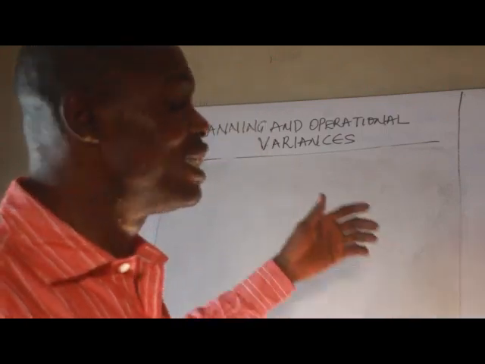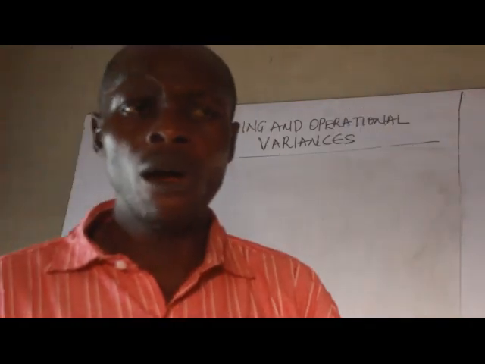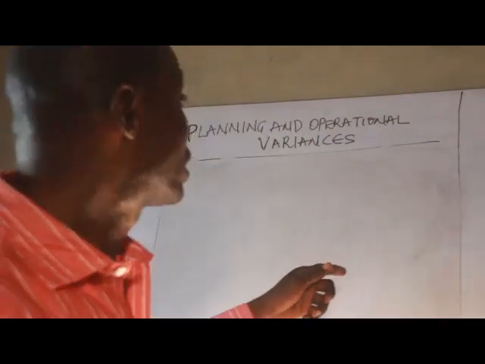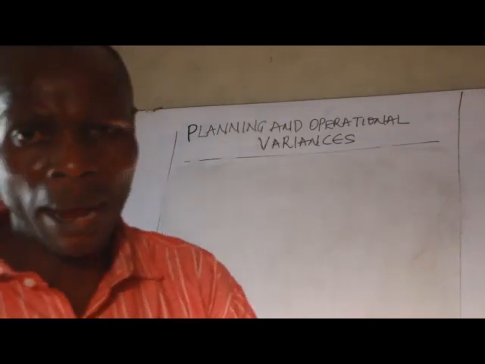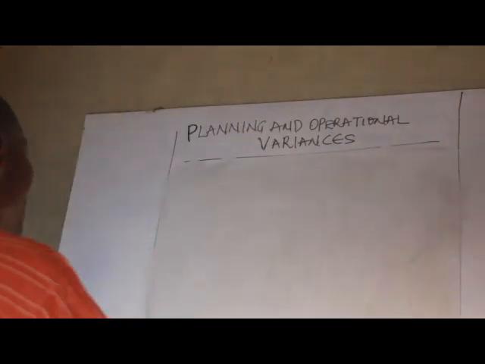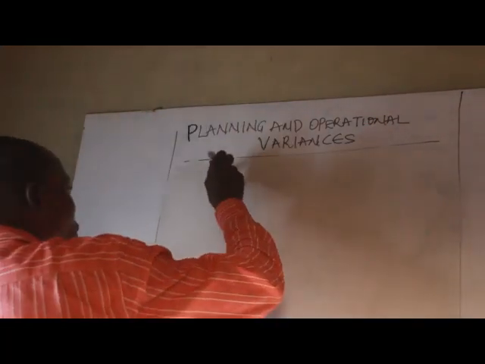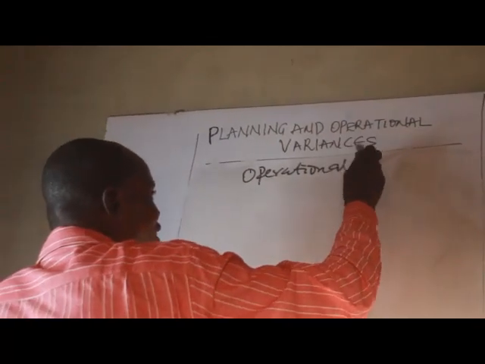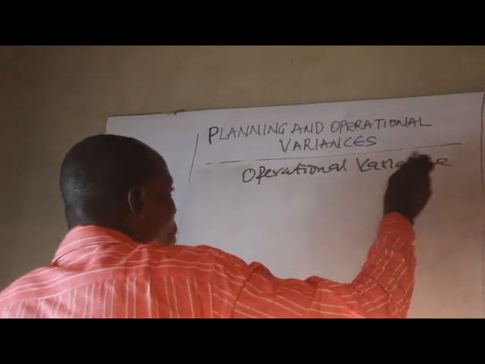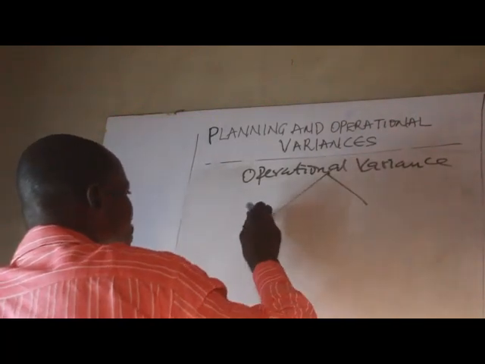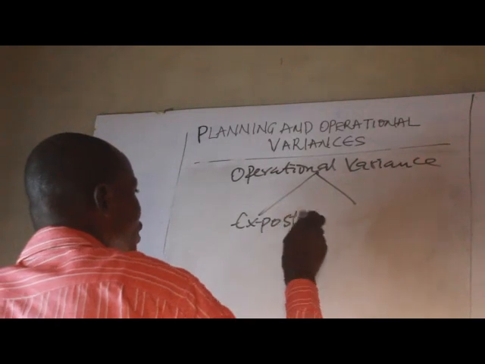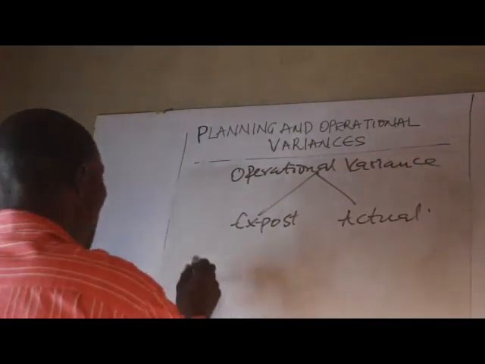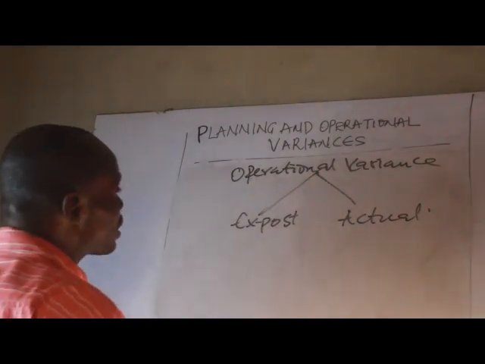In operational variance, you want to compare ex post with actual. That is, operational variance equals ex post minus actual.